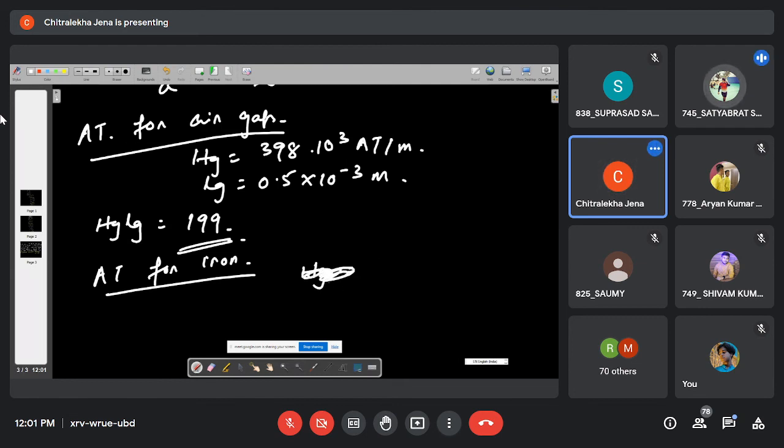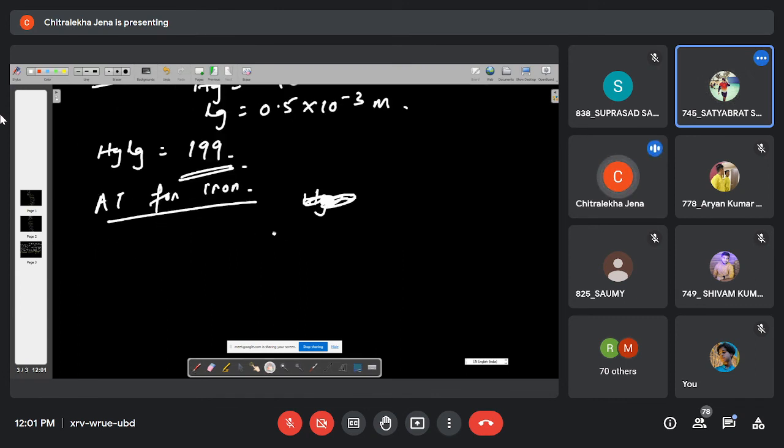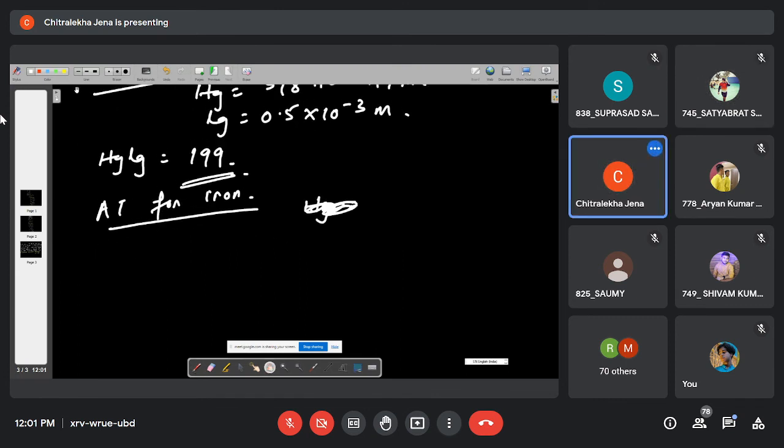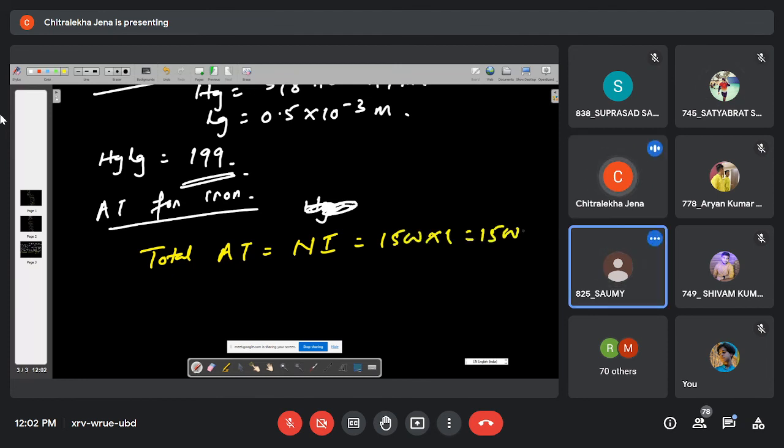HI for iron, how will you find out? You cannot find it, because relative permeability is not given. The total ampere turns is equal to 1500.